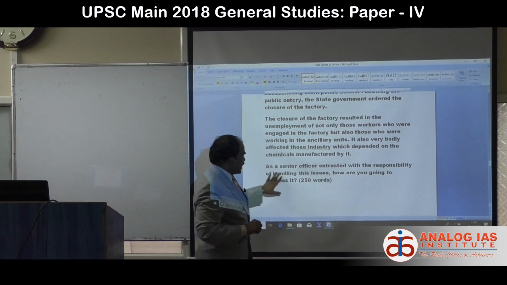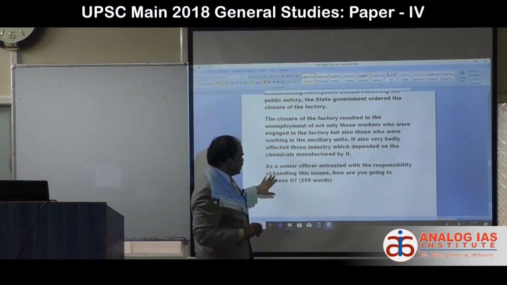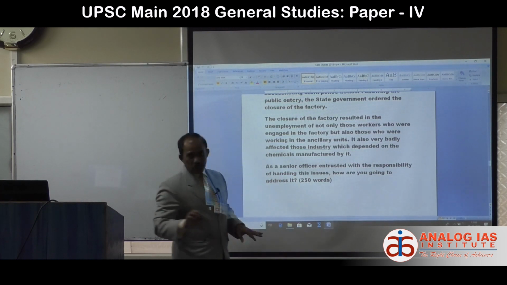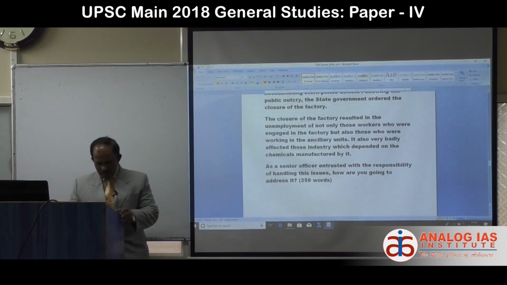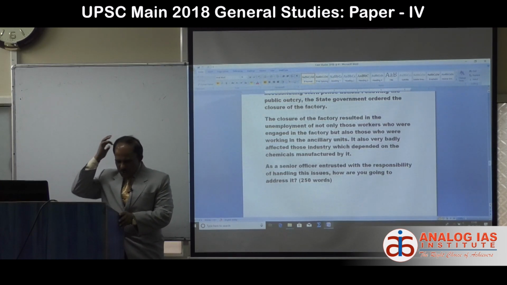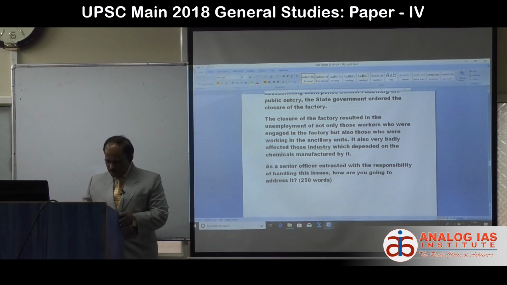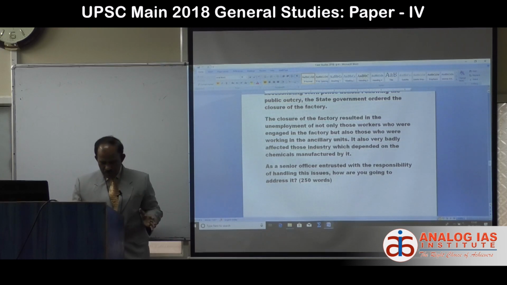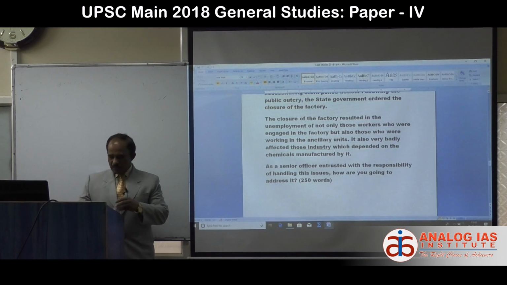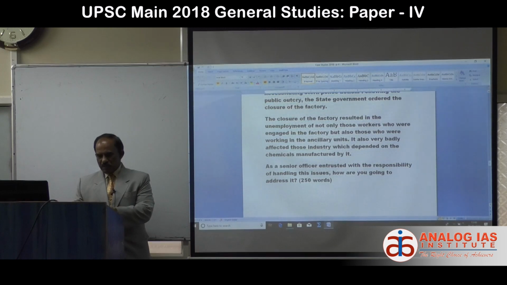While writing this, the third aspect is about how you are going to address the issue. Now this can be addressed like this. The issues involved are the employment of a number of people, and a number of other ancillary units were also dependent on this unit.